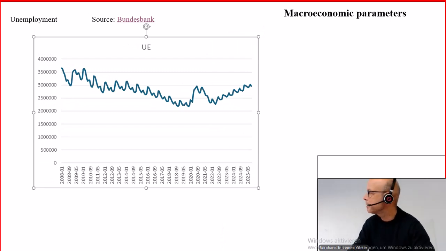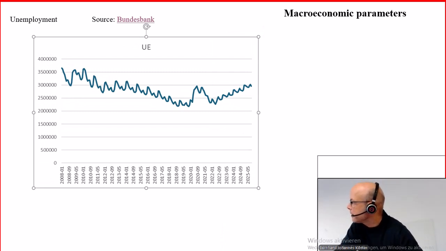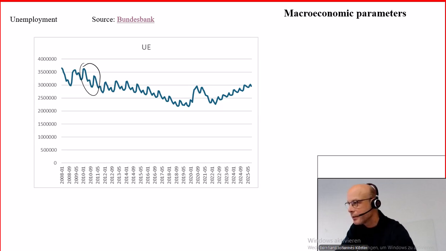Yeah, and if you see here, just looking at the monthly time pattern, then hopefully you remember this within-a-year time pattern, which is always coming again every year.